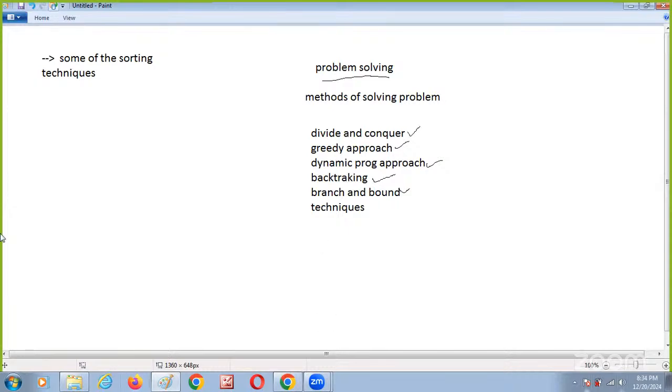But you will see how we take one problem, how the problem is divided, how the problem can be solved, and after solving the problem, how to find out the time complexity. That is very, very important. How to find out the time complexity is the basic, important thing in our main DA subject.